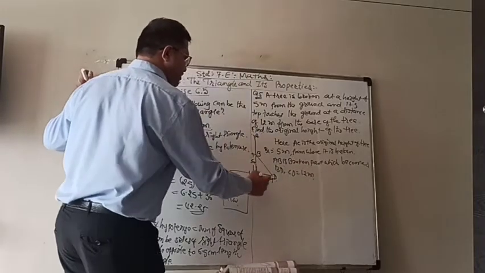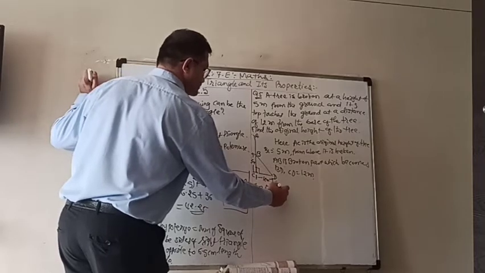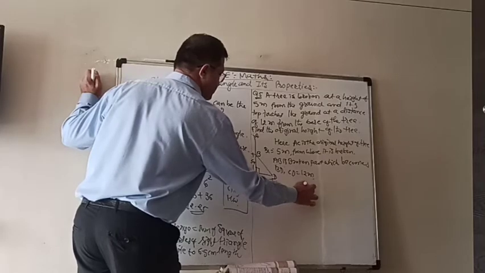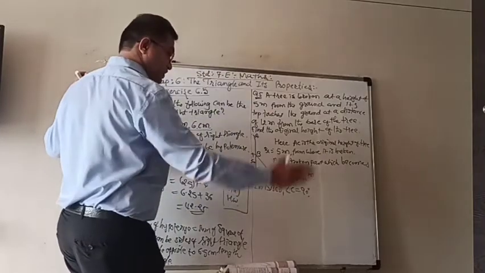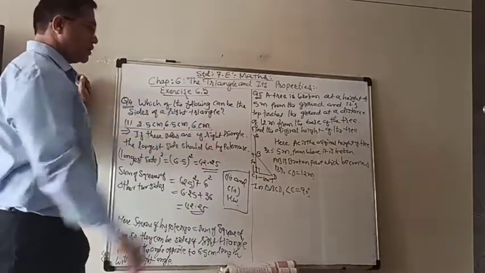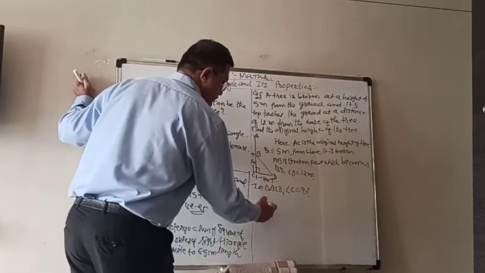So now you can see that in triangle BCD, angle C is equal to 90 degrees, because when the tree is standing it makes a right angle with the base, meaning the soil.